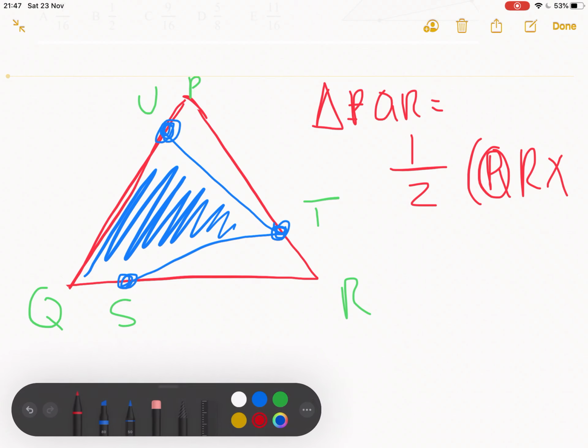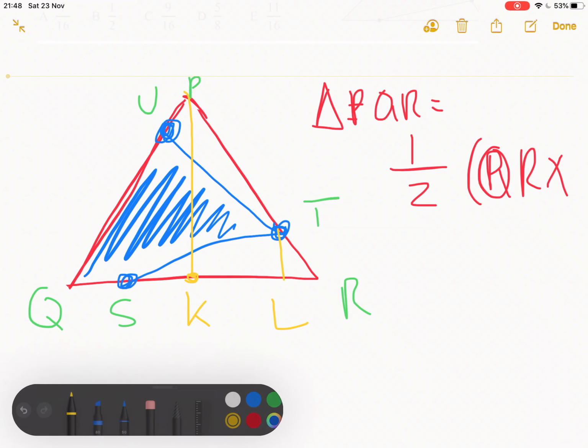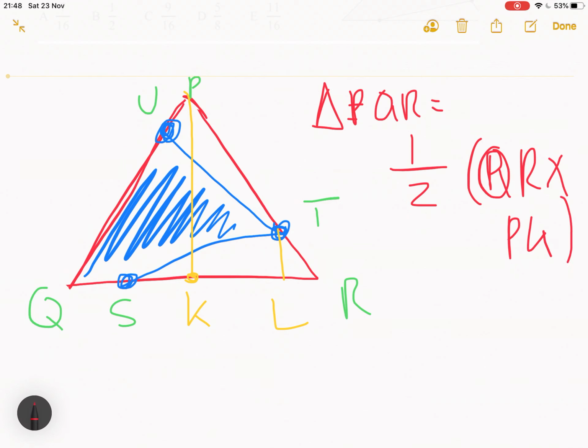So to draw its height, we can draw a perpendicular height from the base and here, and we can label this perpendicular point K, and then we can create another perpendicular from T to the base and call that L. Okay, so half times QR times our perpendicular height, which in this case is PK. Now we want to find out, obviously we can't find the area of the blue triangle directly, so we can find the area of the white triangles and then subtract that from the whole area.